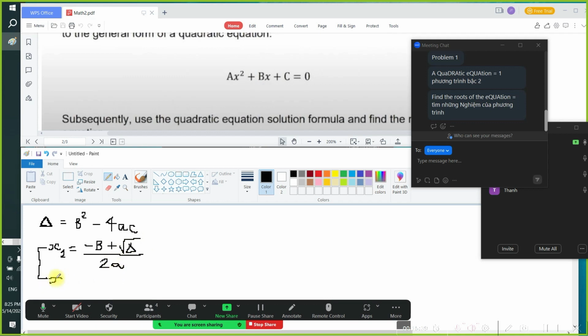And then the second root will be minus b minus square root of delta divided by 2a. Do you remember this one? Đó là công thức để tính nghiệm của phương trình bậc 2. Of course you don't remember because you don't use it. So okay, using these things, please solve this one.